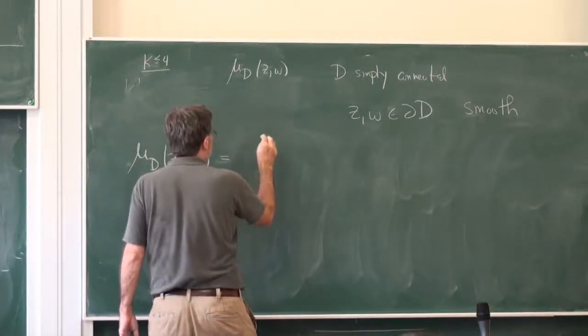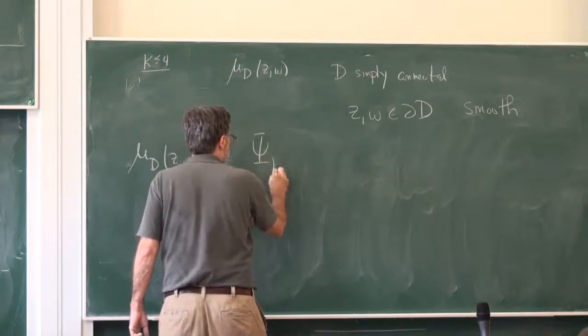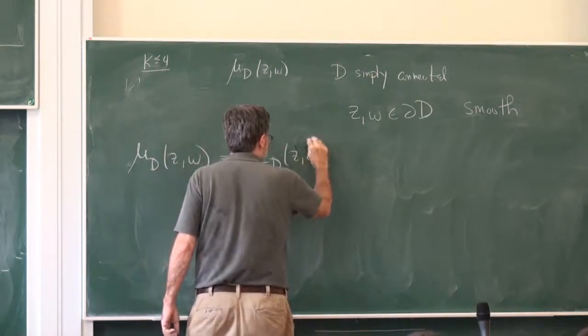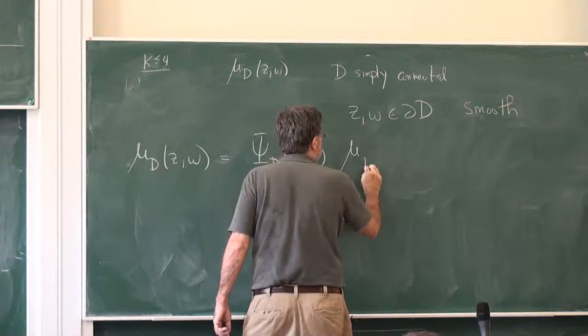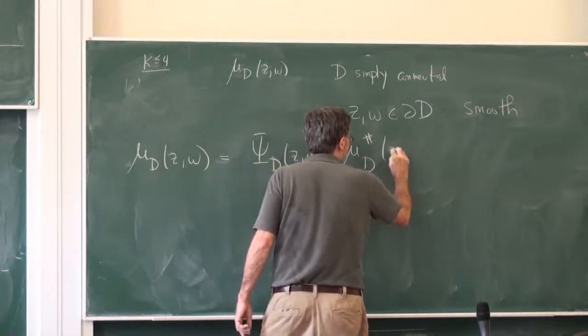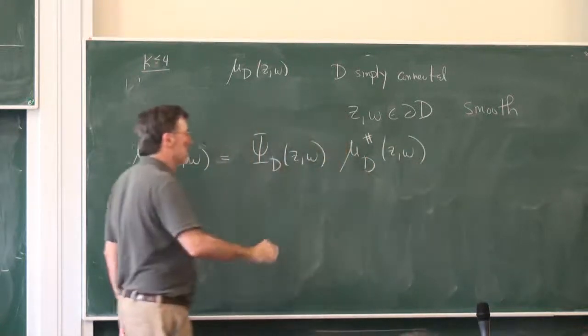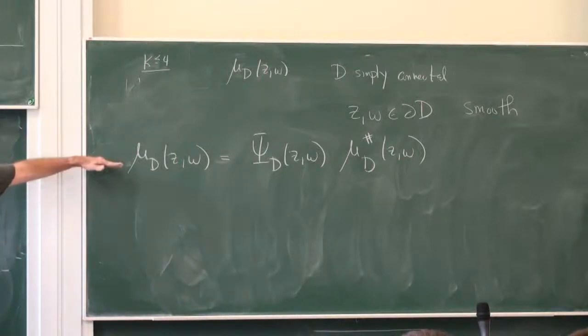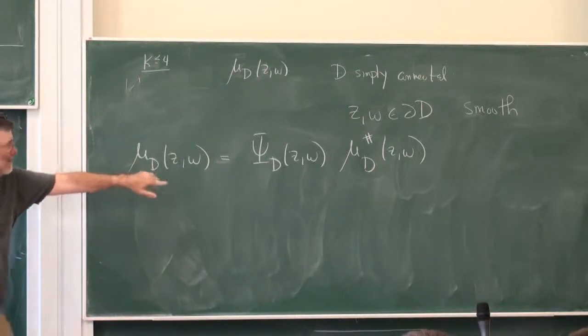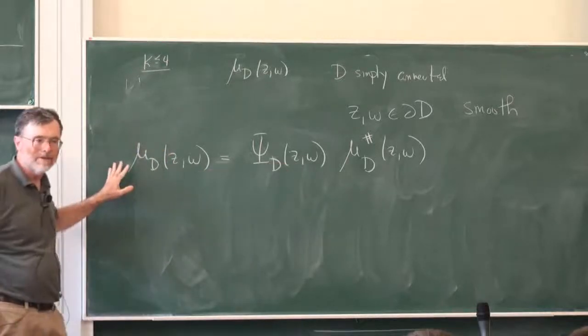to be equal to a total mass, which is just a number, which I'll say in a second, times a probability measure. So that's okay, this is just a tautology. This is just the total mass of this measure.